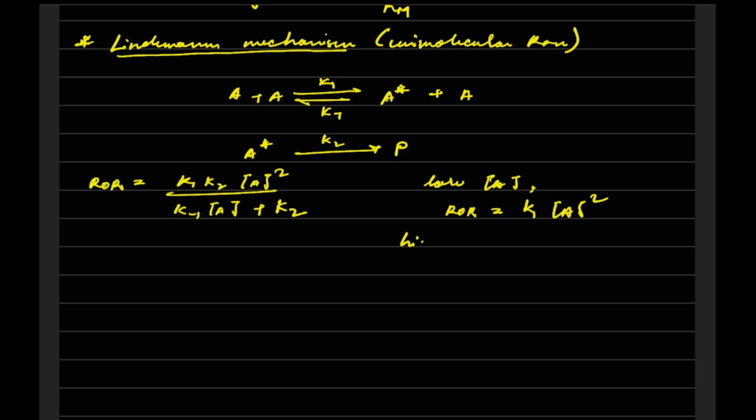At high concentration of A, the rate of reaction is equal to K1 K2 A by K minus 1.